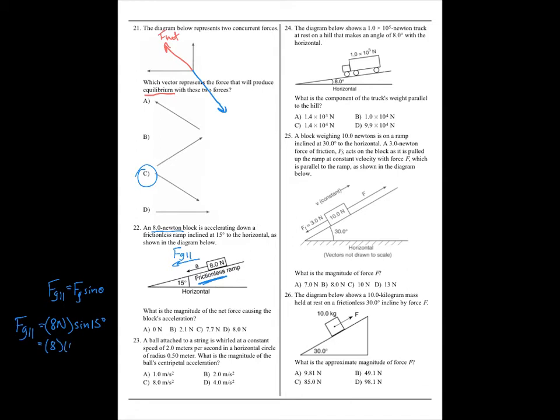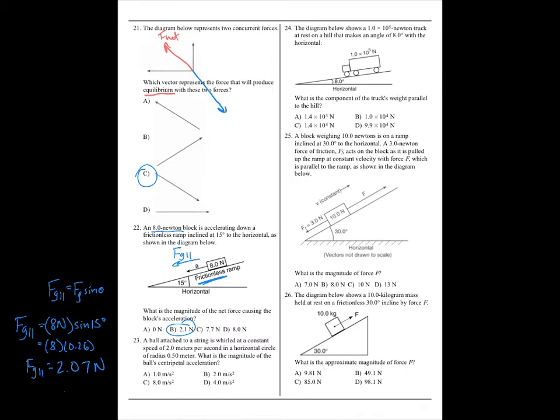So 8 times 0.26, and then Fg parallel, which is the net force, you get 2.07 newtons. And that is closest to choice B, 2.1 newtons.